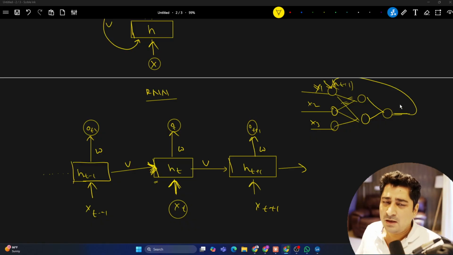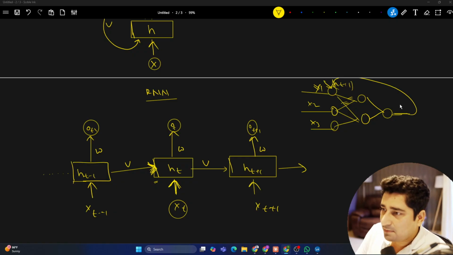If I talk about a vanilla RNN, not much modification you will be able to see. In its variants, which are nothing but LSTM and GRU, long short-term memory and gated recurrent unit, you will find something special which scientists have implemented.